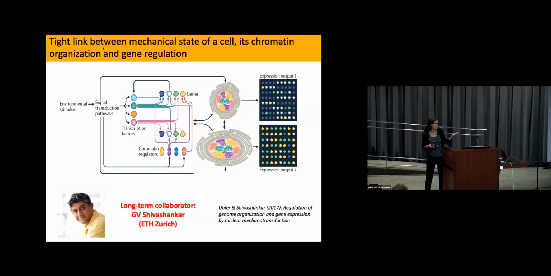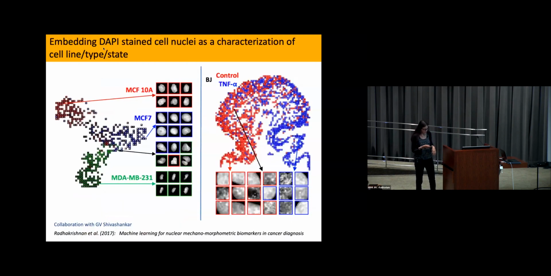In our group, we have been very excited about thinking of chromatin state as an integrator, where we can measure the different transcriptional states of a cell, but maybe also the mechanical state of a cell. Some of the earliest experiments we did were very simple, using the cheapest way of measuring chromatin state, just DAPI or Hoechst stains.